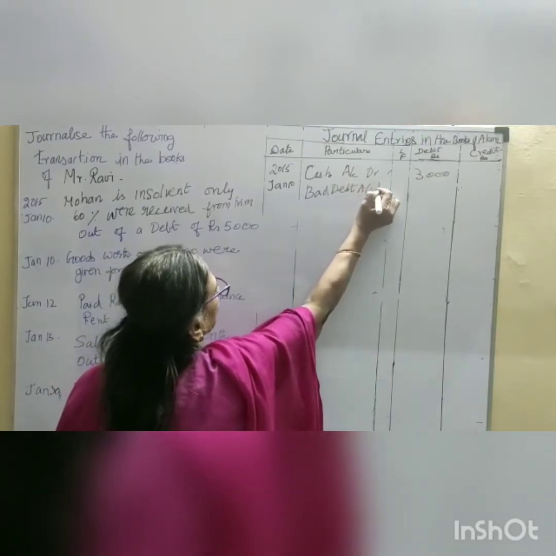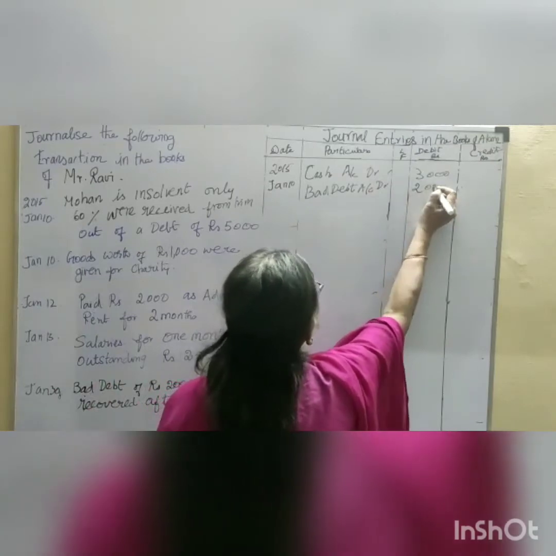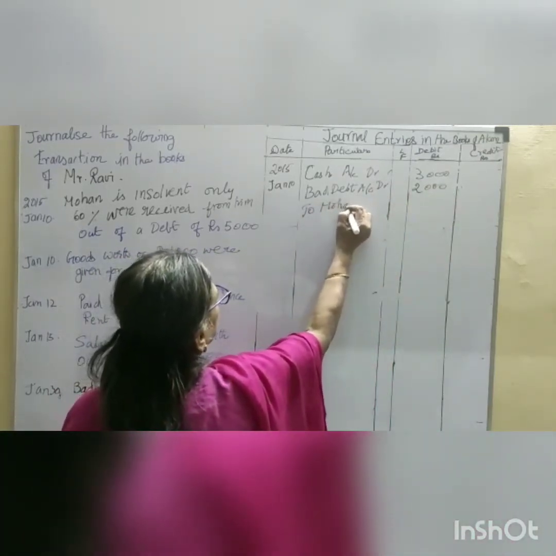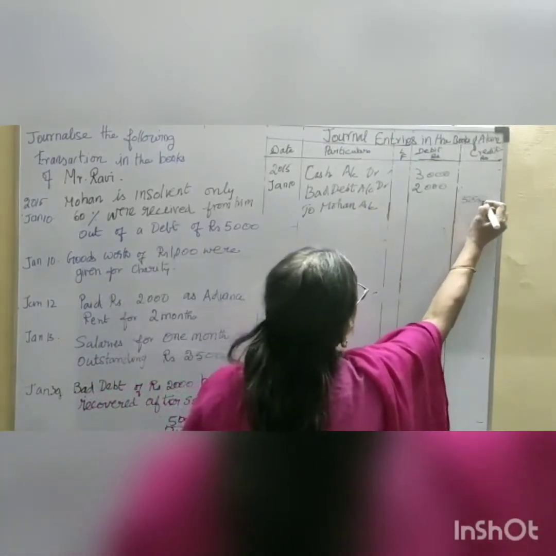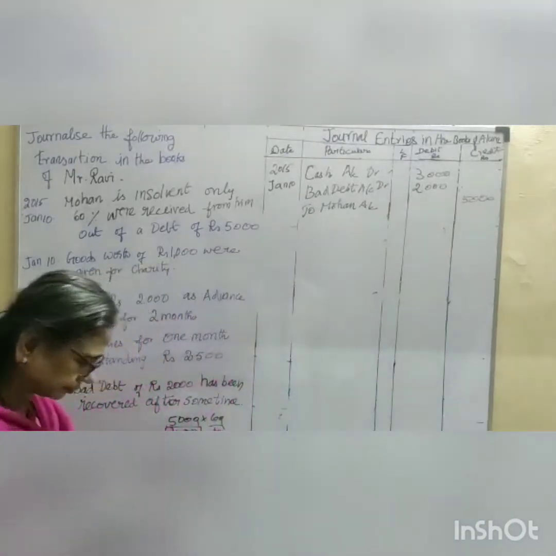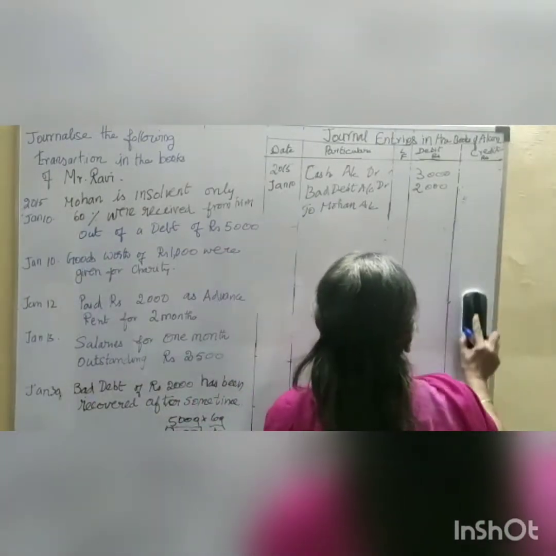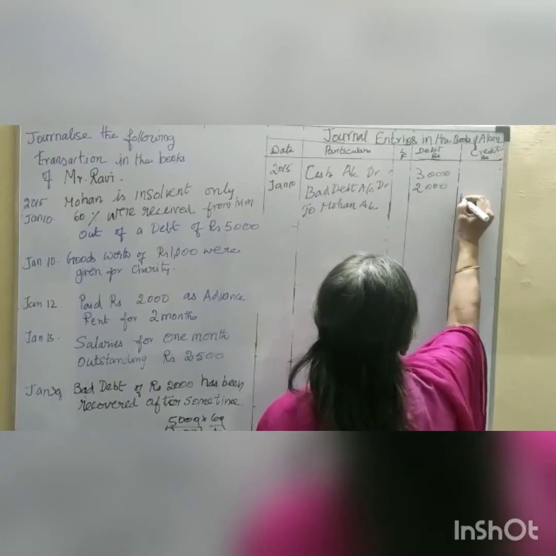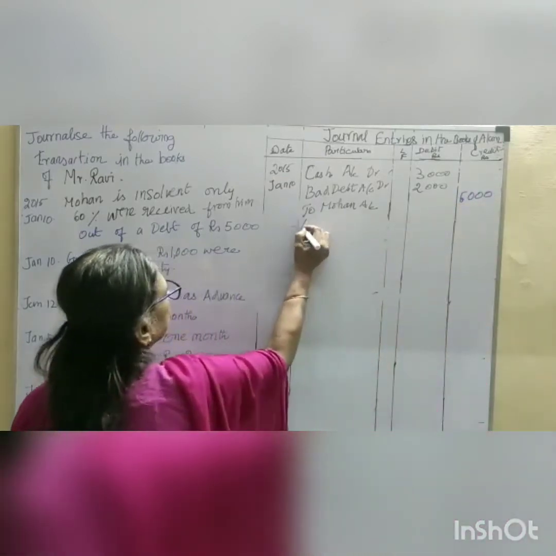Bad debt account again debited with the balance amount of 2,000. And who is the giver of the money? Mohan. Mohan account 5,000 rupees.